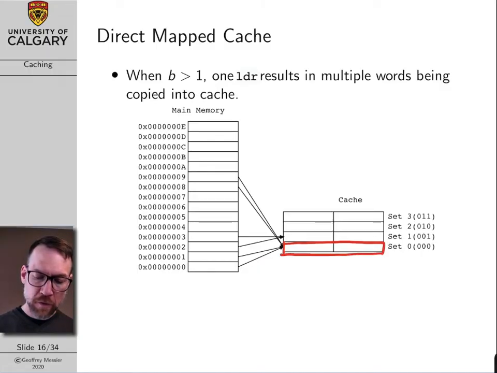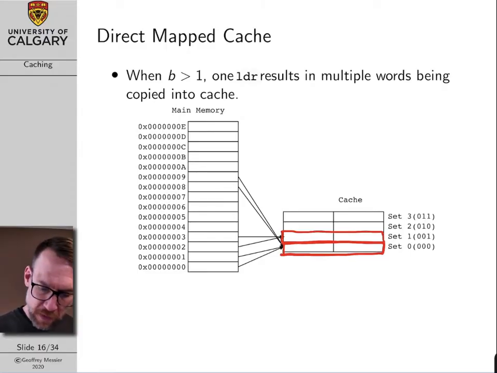And so that means we only have 4 sets. And the first 2 words are mapped into the first set. The second group of 2 words are mapped into the second set, all the way up. Addresses 8 and 9 are then mapped back to the first set. So again, we have this sort of wrapping around, except we have 2 words mapped to the set.